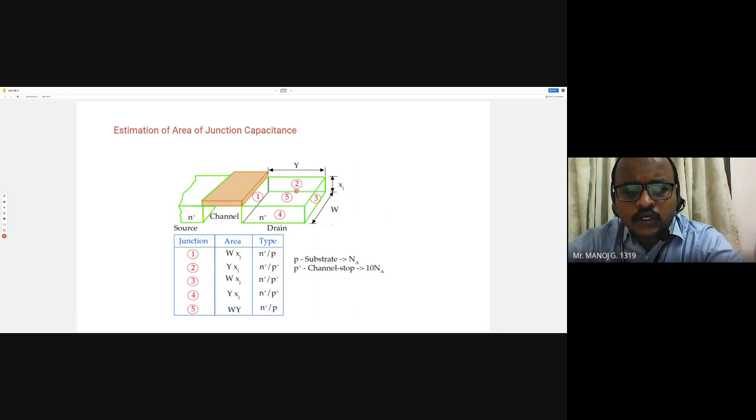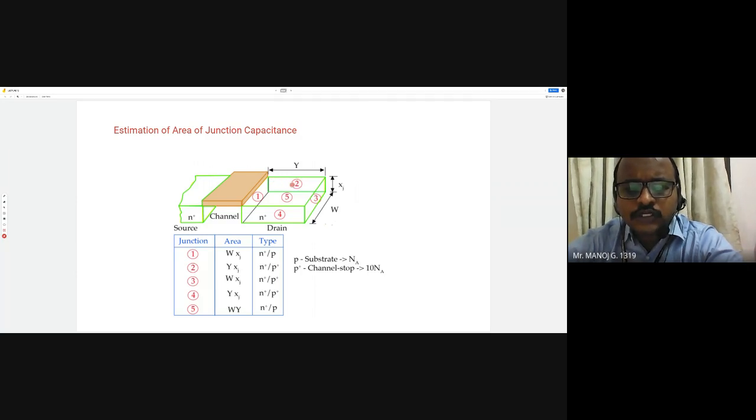What about region 2? Gopika, you're there? Gopika, which is the length of junction 2?